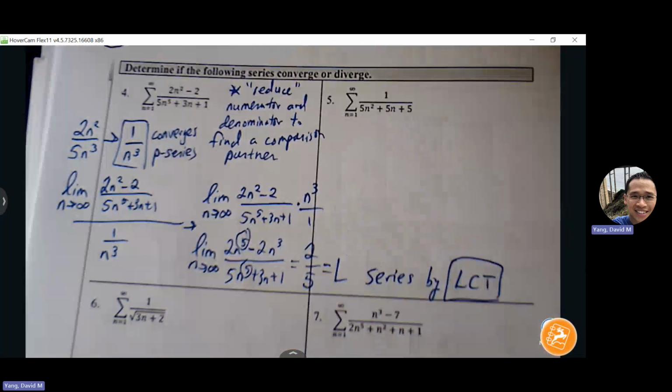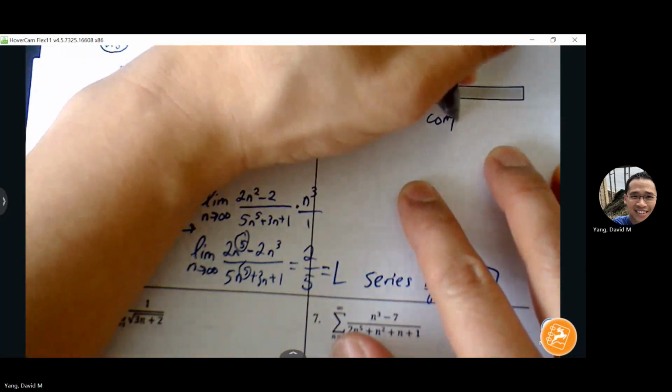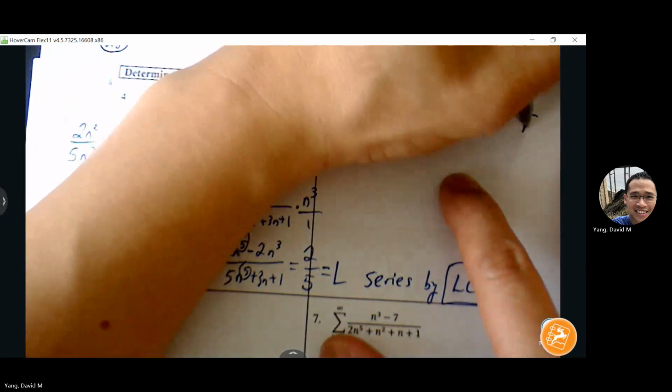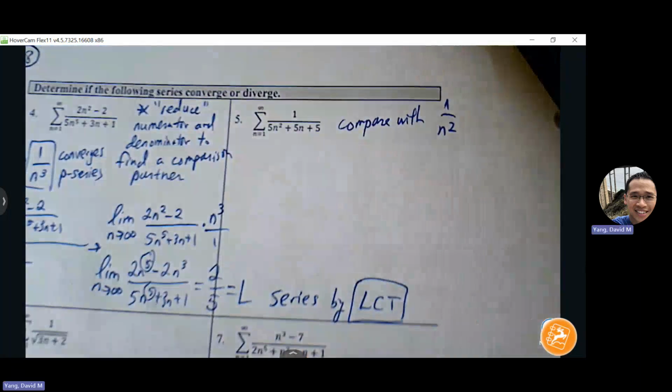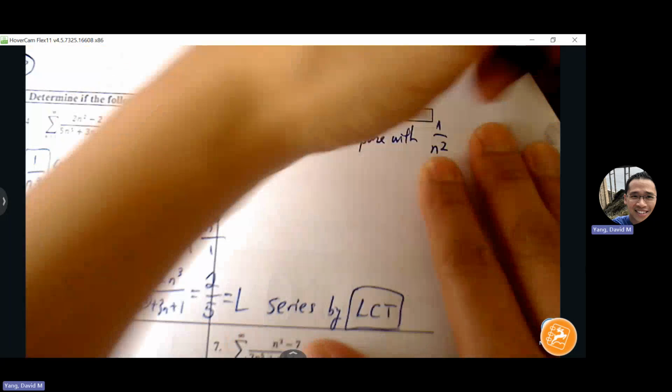Okay, number 5. What's a good comparison partner for this? What do you know about 1 over n squared? Converges by, yeah.